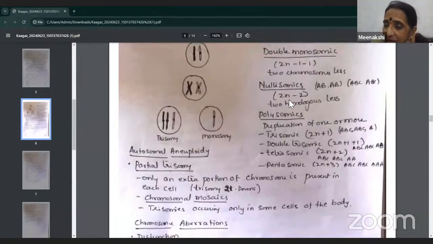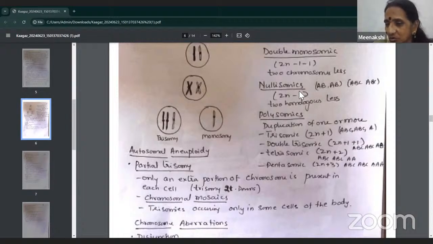Nullisomic means 2n minus 2. That means one particular chromosome pair is totally lost. Say ABC is the gene sequence on the homologous chromosomes. In this case, C and C are totally lost, and we are getting only AB and AB.